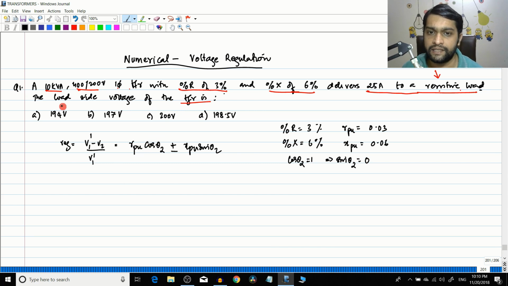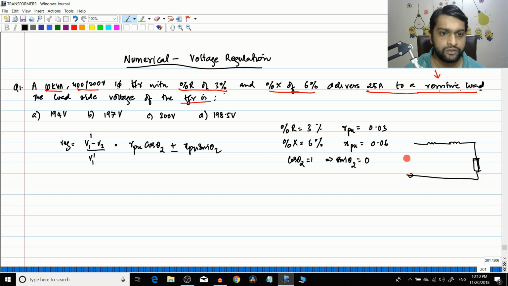What they are asking is the load side voltage of the transformer. So what is V1'? V1' is nothing but the no load secondary voltage. If you draw the equivalent circuit of the transformer referred to the secondary side, this is the load, this is V1', this is V2, this is RPU, this is XPU, and this is the current.